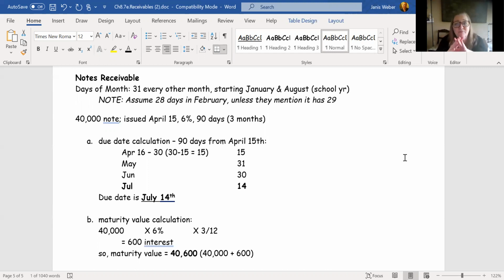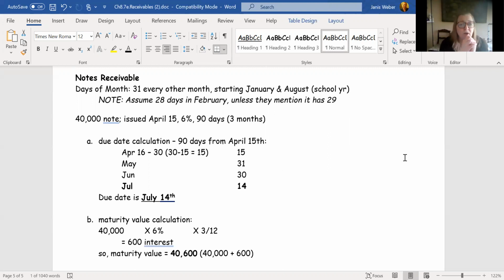But anyway, every other month has 31 days, if you use January as the starting place and then August is the next starting place. And then the off month has 30 days with the exception of February. February has 28 days unless the problem specifically says that it's leap year or that it's 29 days in February. Okay, so every other month is 30 and 31, starting with January being 31, and then August is also 31, starting over.